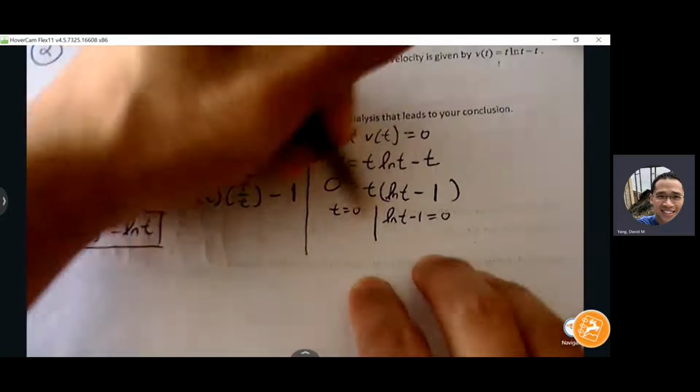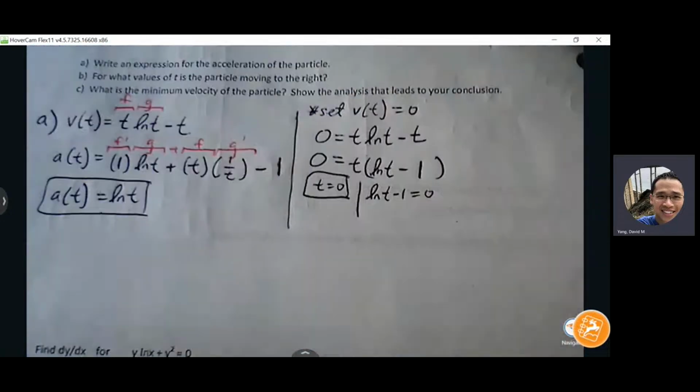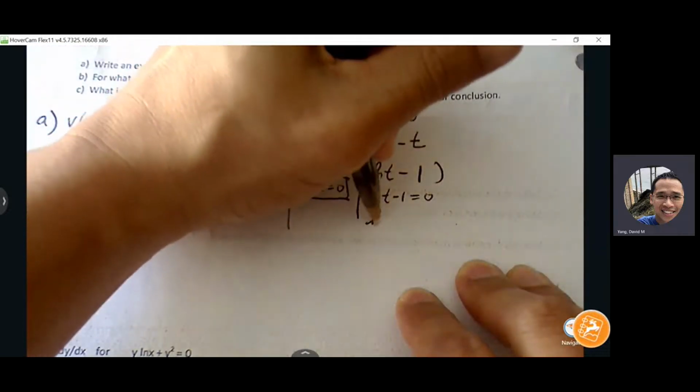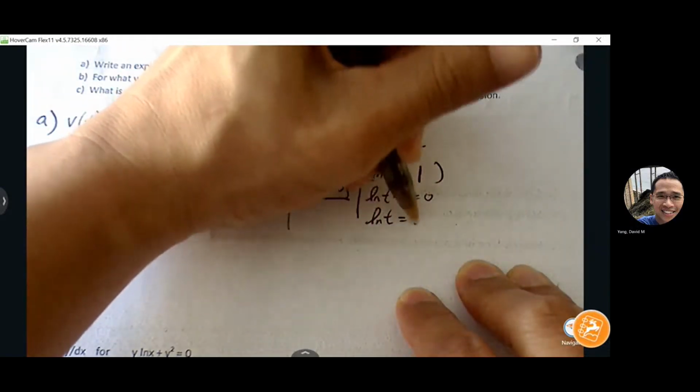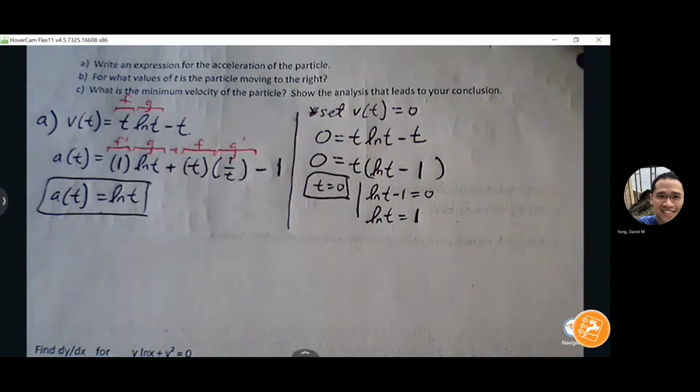So t equals 0, that's already done. So we can set that off to the side. Natural log of t minus 1 equals 0. I'm going to get that natural log of t by itself. So there's two ways that we can arrive at this t-value.